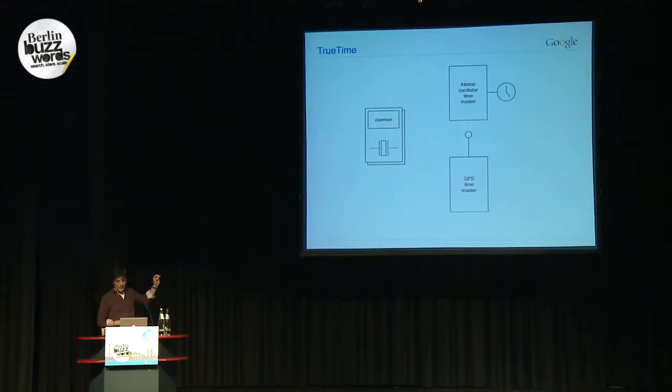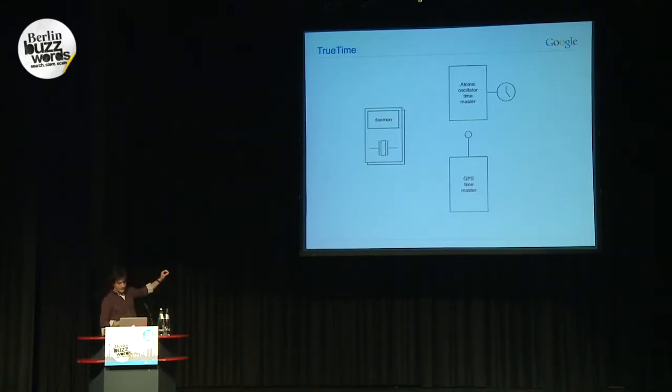So there's a daemon in every server at Google, and there's also a crystal, like every server always has. And then every data center has a few time masters with GPSs from a few different manufacturers, just for bug diversity. And some of them have atomic oscillators to cross-check these GPSs.